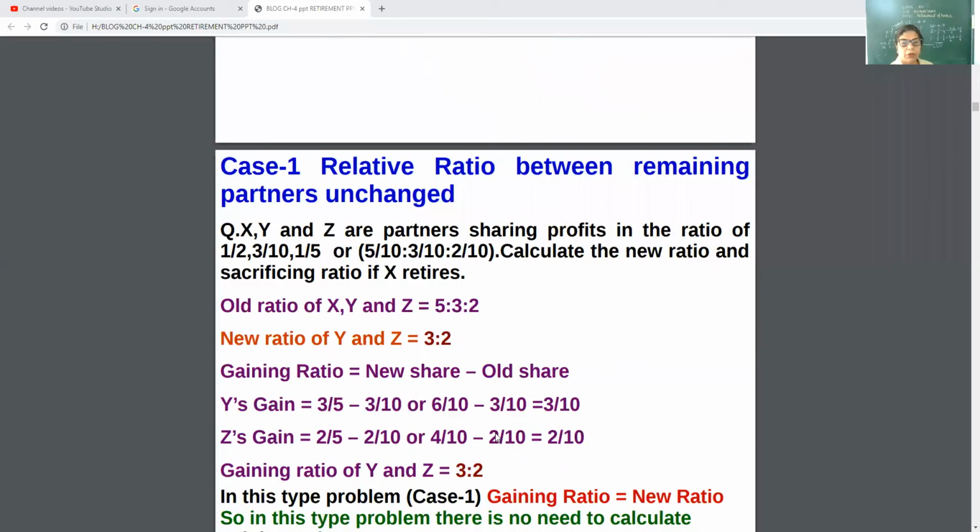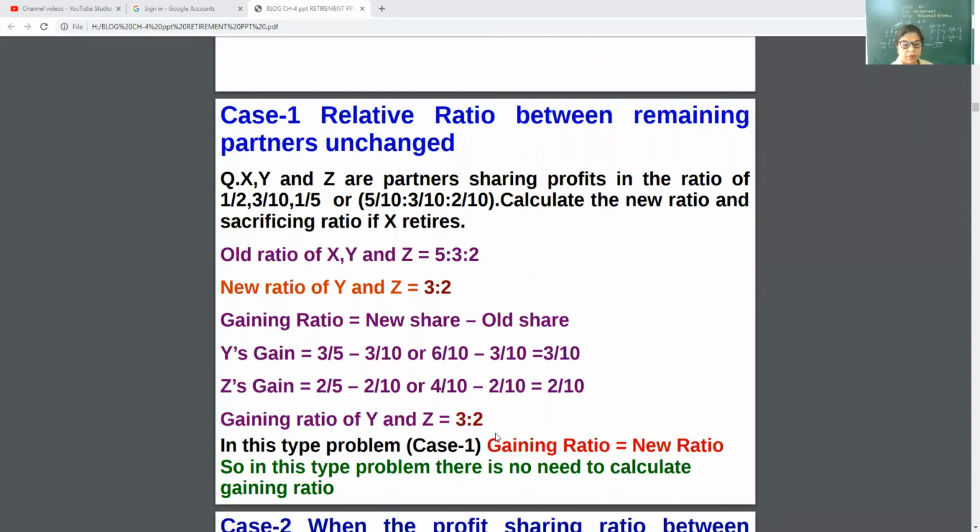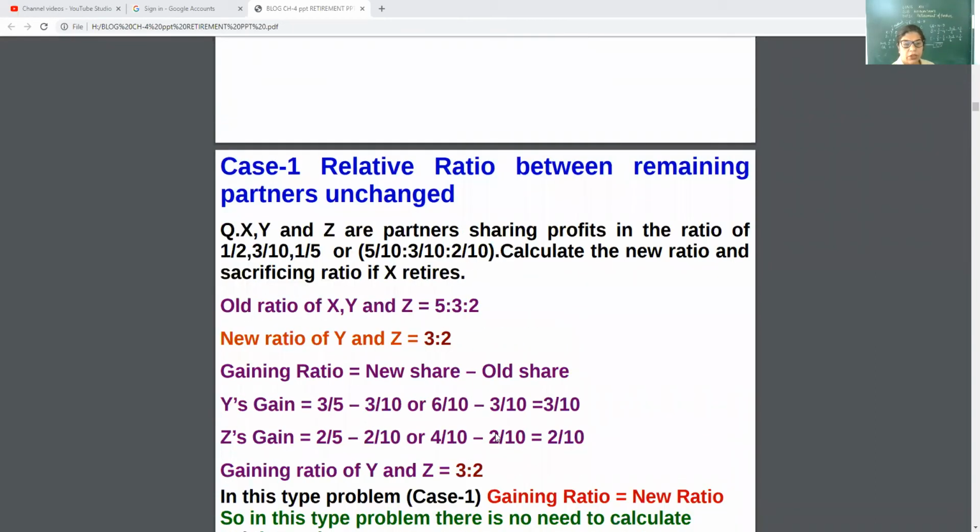Now I am giving you the question. Note down, children. X, Y, Z are partners in the ratio of 1 by 2, 3 by 10, 1 by 5.